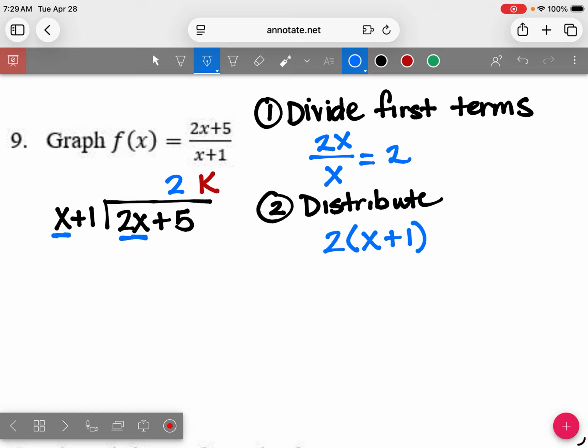And when you distribute, you get 2X plus 2. I want you to bring the 2X plus 2 over here.